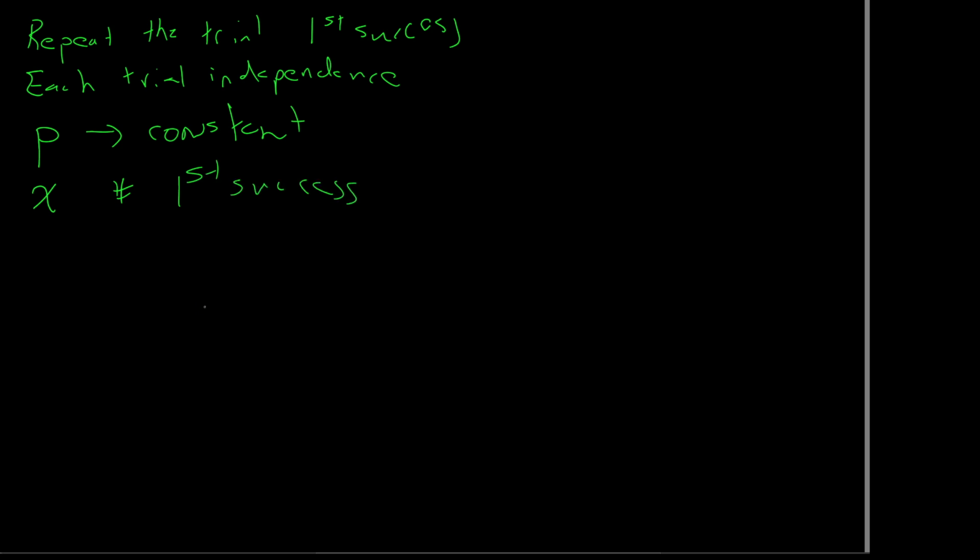And so this has a distribution where the probability of the first success is P times Q to the X minus 1, because we're only going to have one success. And so this is our geometric.